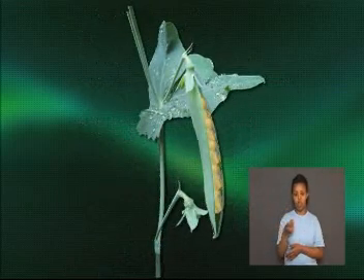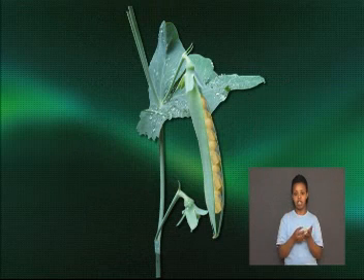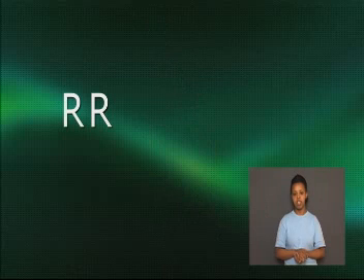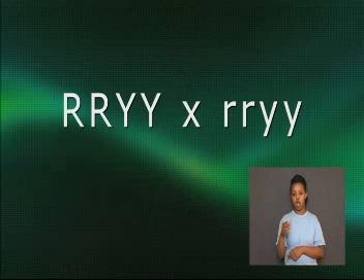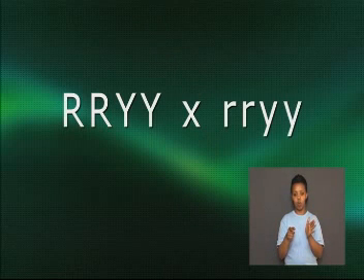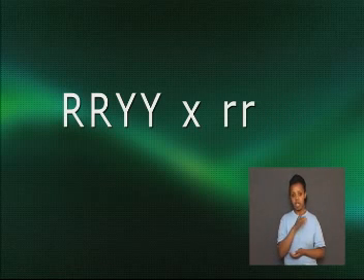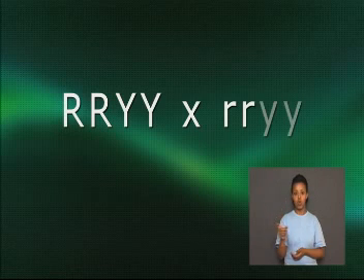The cross can be represented in the following way. Round seeds, expressed as capital RR, and yellow seeds, expressed as capital YY, are crossed with wrinkled seeds, expressed as lowercase rr, and green seeds, expressed as lowercase yy.